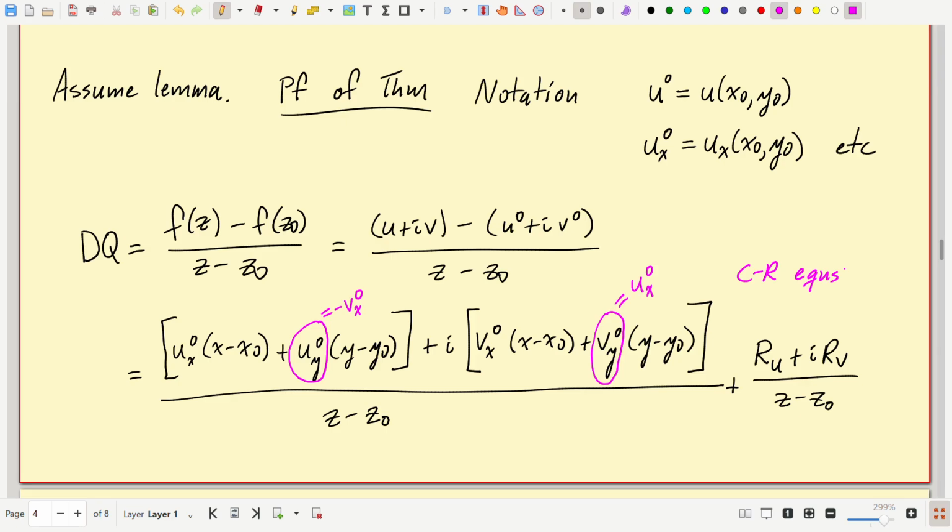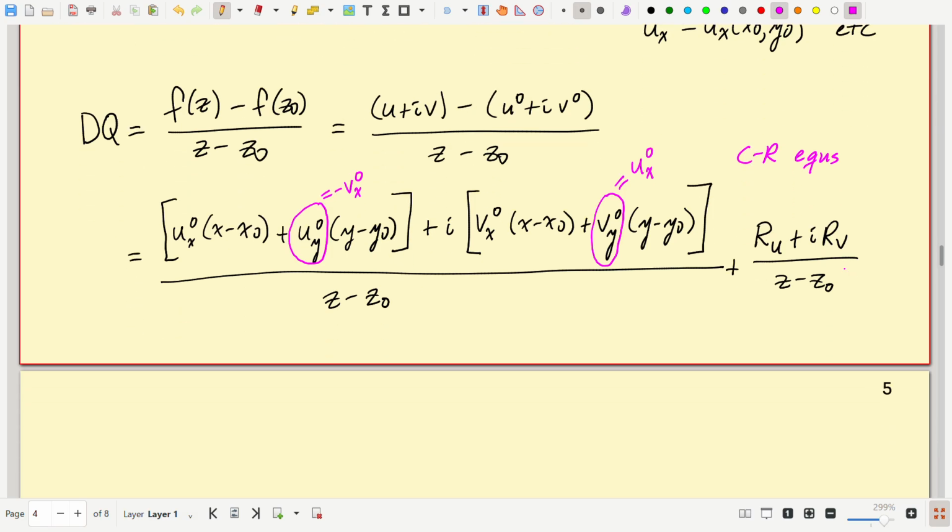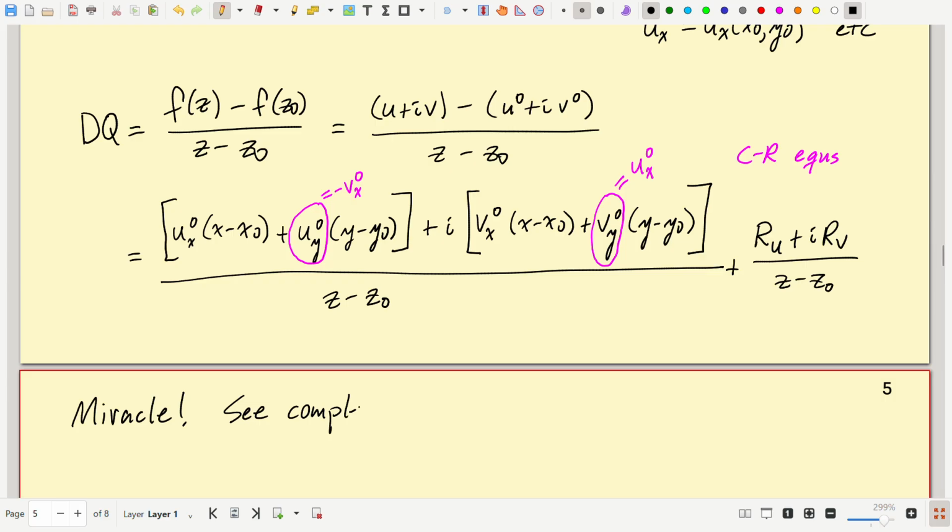That is complex multiplication in the numerator. We see complex multiplication in the numerator.